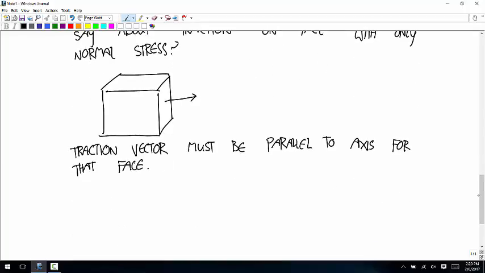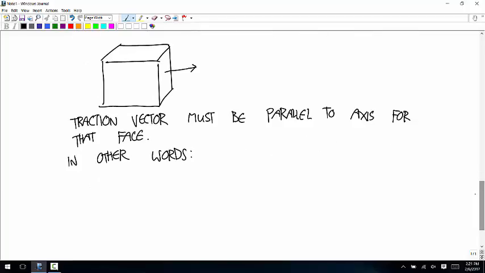And so now there's another way to say that. In other words, or not really in words at all, in other math. If you take the stress tensor, the principal stress tensor, and multiply it by the outward facing normal for that face, it has to be equal to some constant times the outward facing normal.